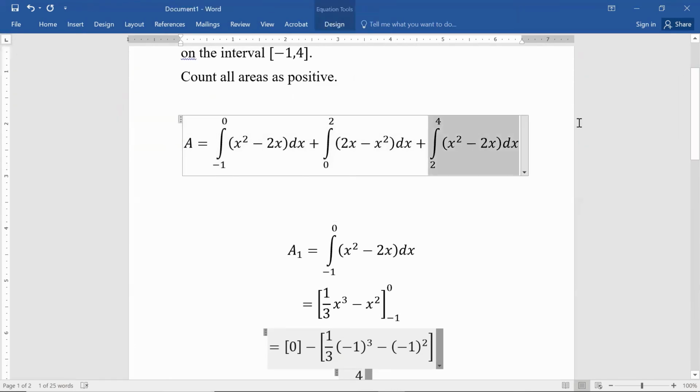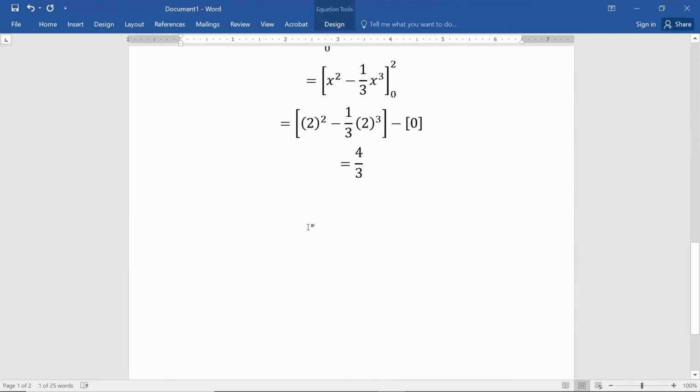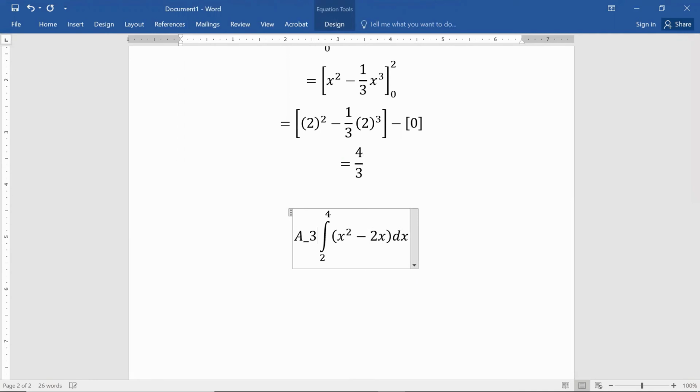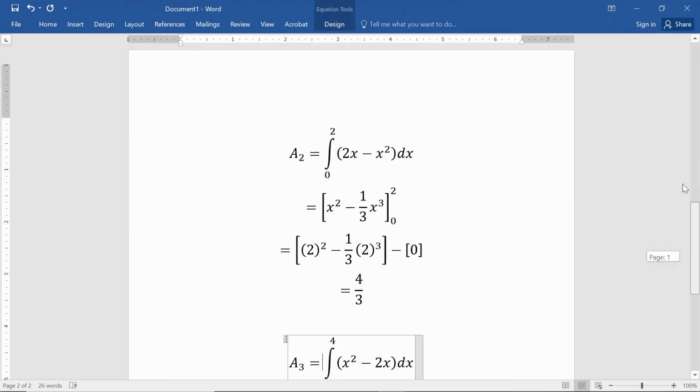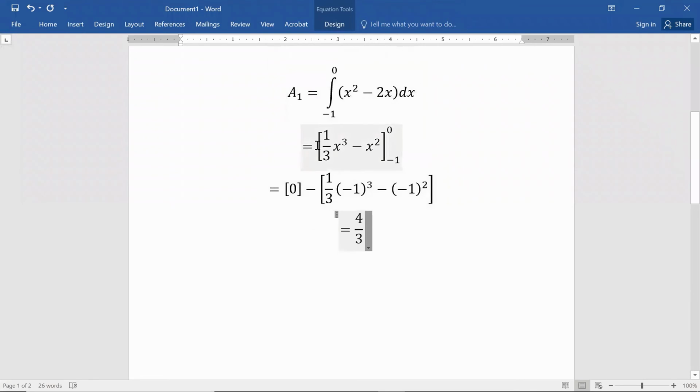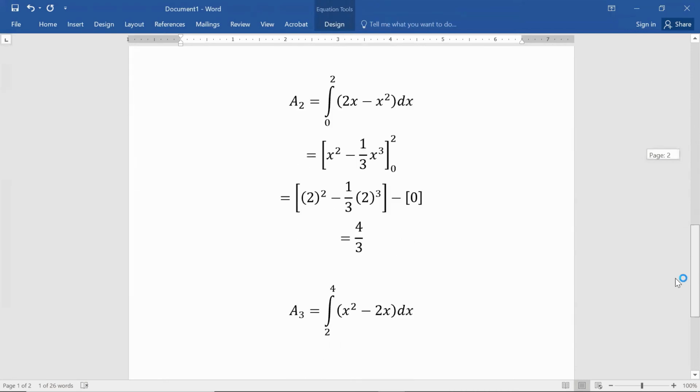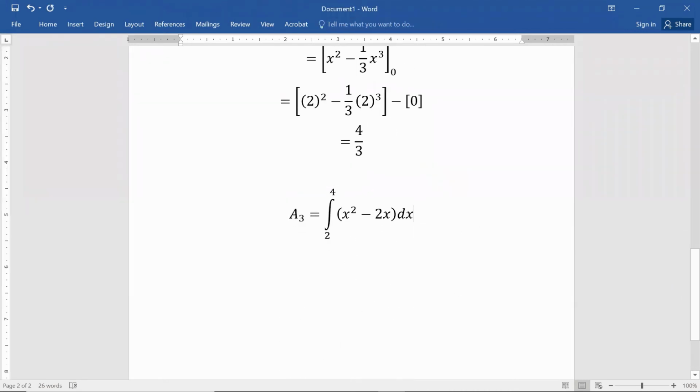Let's look at our last section. We'll call this one area 3. For the antiderivative, we can use the same one we used in area 1, because it's the same function. So 1/3 x to the third minus x squared. Just change the bounds. Now we're going to go from 2 to 4.